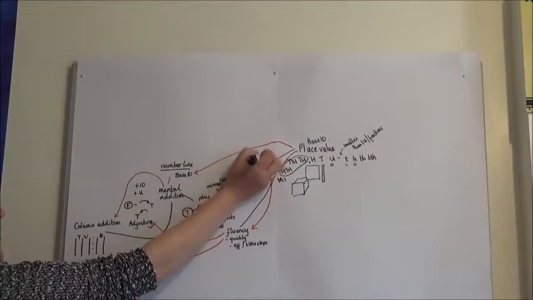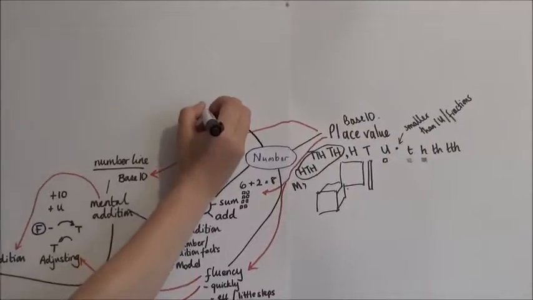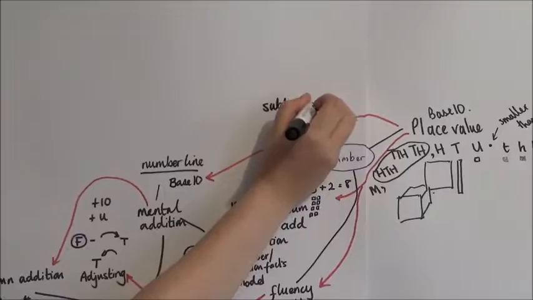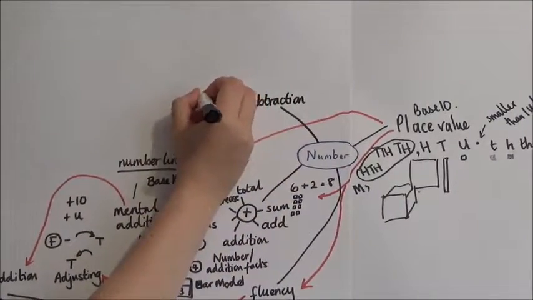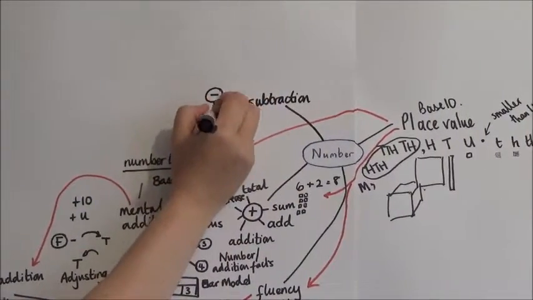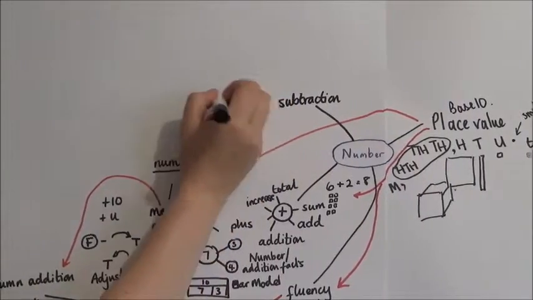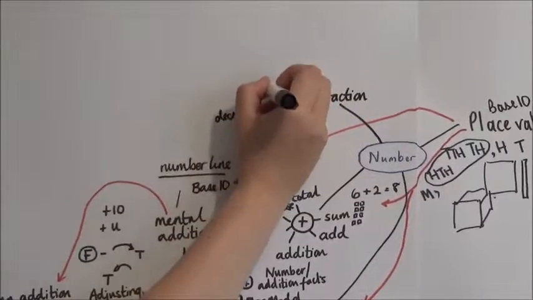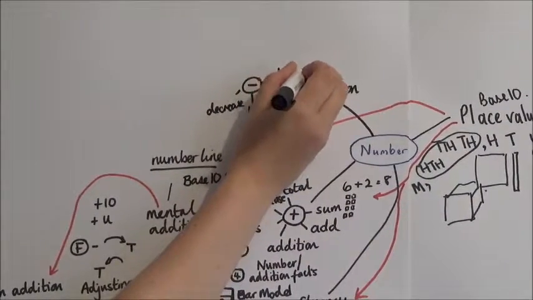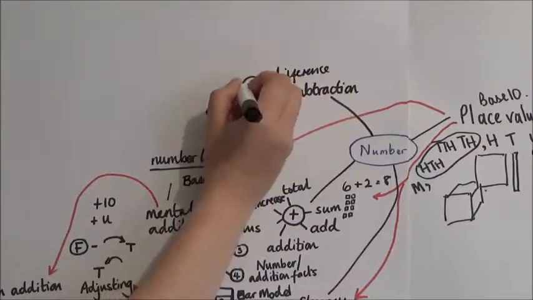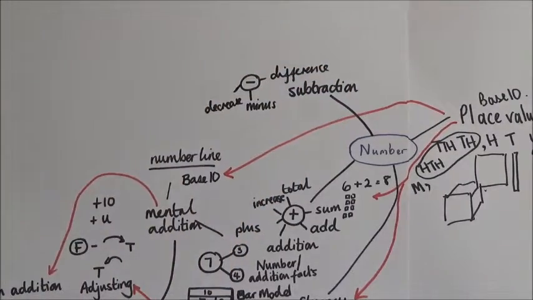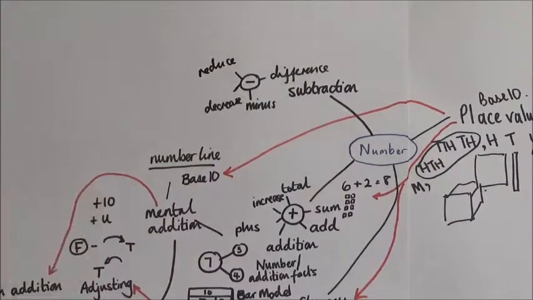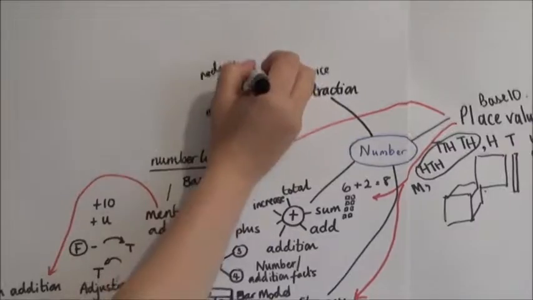So we're going to add our new learning to our number mind map. Here we've just learned about subtraction and the different words for this symbol here. So we have minus, decrease, difference, reduce, and fewer.